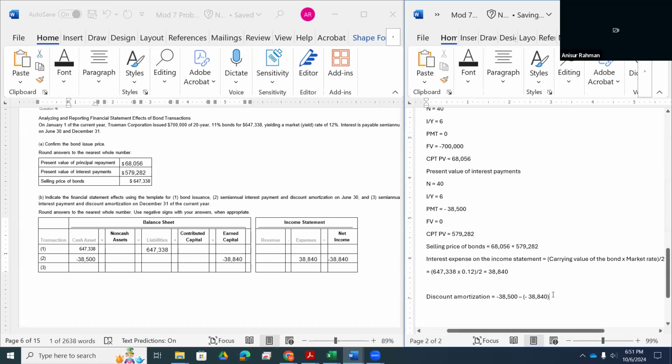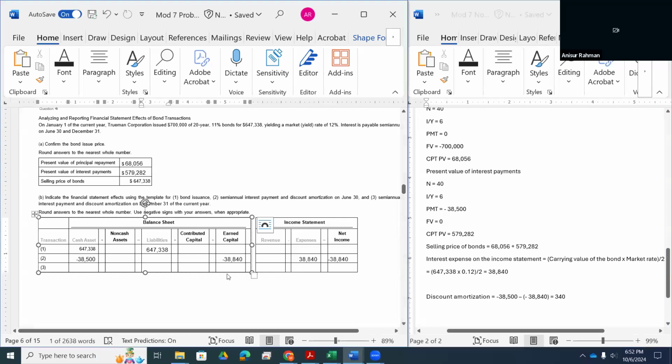So this minus will be plus, resulting in 340. So that will increase the liability, or liability will increase by the amount of the amortized discount. And as we do that for 20 years, we'll arrive at a total liability of $700,000.